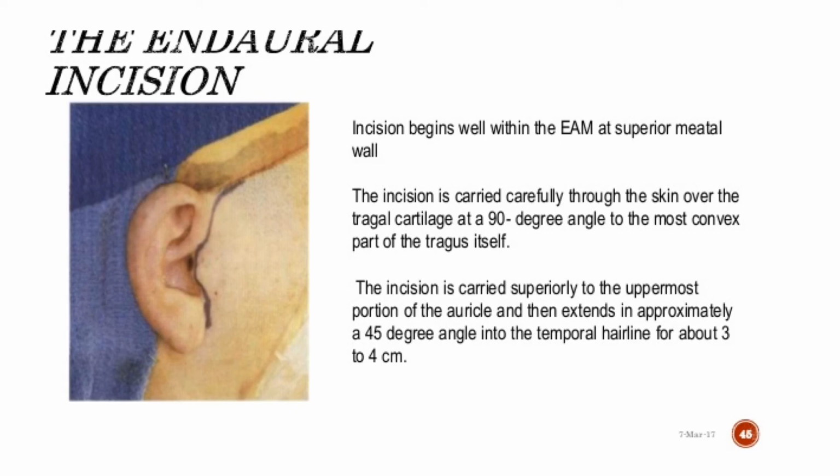This incision is carried carefully through the skin over the tragal cartilage at a 90-degree angulation to the most convex part of the tragus itself. The incision is carried superiorly to the uppermost portion of the auricle and then extends at approximately 45-degree angulation into the temporal hairline for about 3 to 4 centimeters.